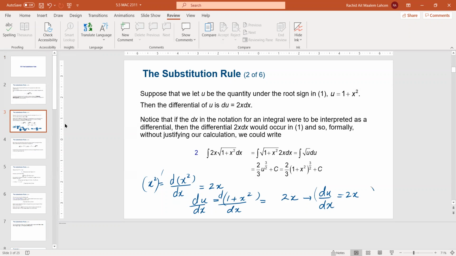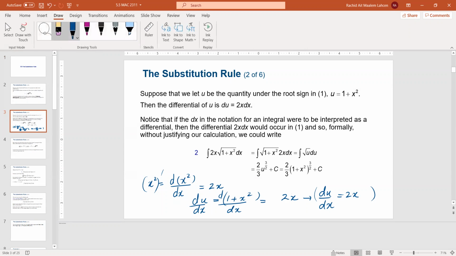If you multiply both sides by dx, you're going to get du equal to 2x dx. Now those differentials are allowed here. So with this differential du equal to 2x dx, now you see where it came from.